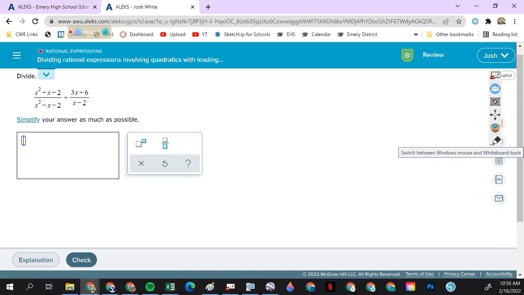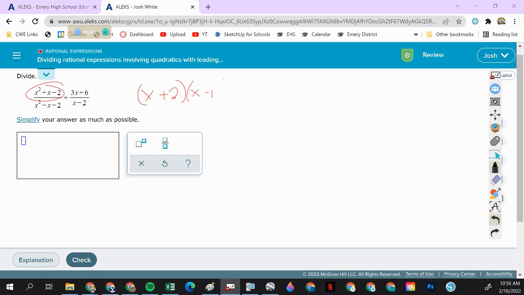Same basic idea, except I'm dividing, so I need to flip the second fraction. This quadratic factors into x plus 2 and x minus 1. And then I flip this one upside down and bring up the x minus 2. Everybody good there?